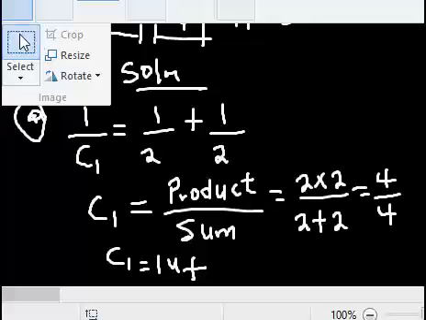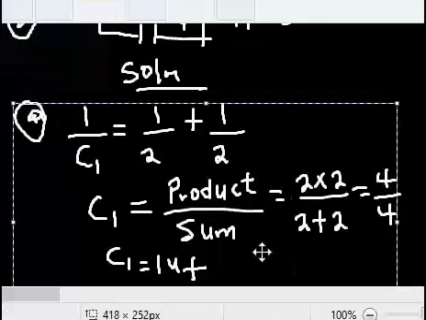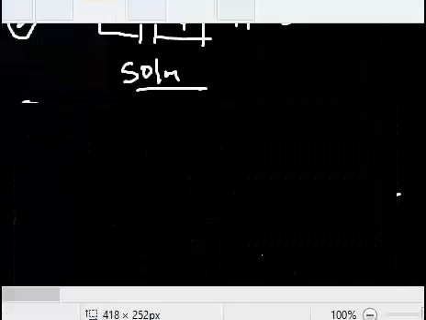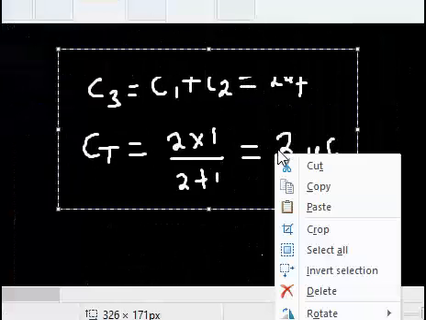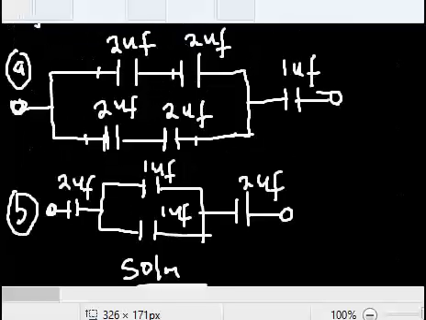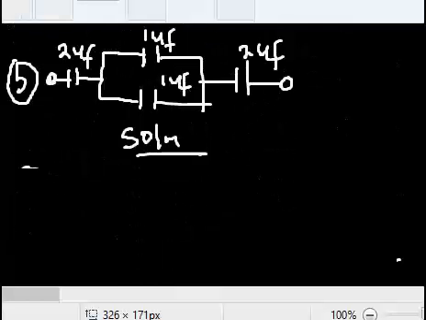Now the B part, let's do justice to it. Let me clean up. So here we go. Let's look at this. Of course, we know very well they're in parallel, so you have to resolve it.